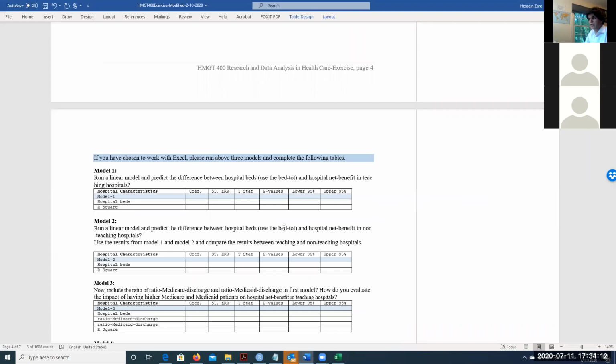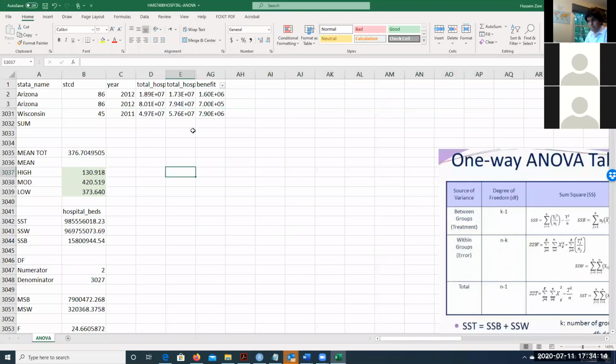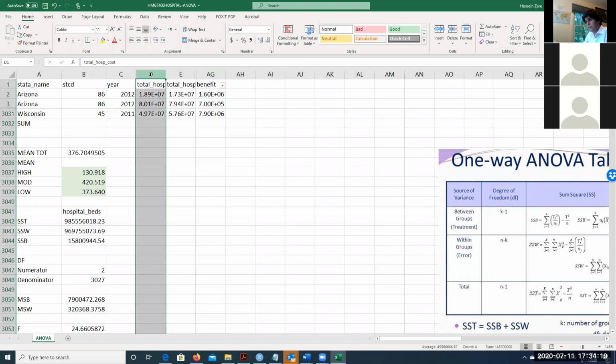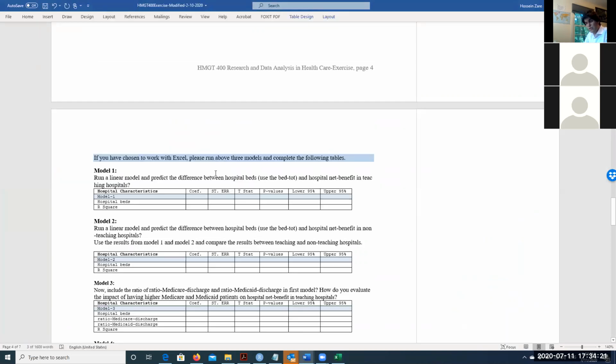So there are 2 steps before you get to the formula. The first step is creating the benefit. I explained that. The second part is to run a model only for teaching hospitals.